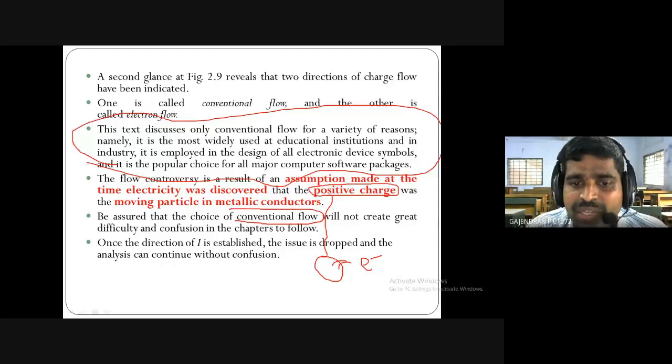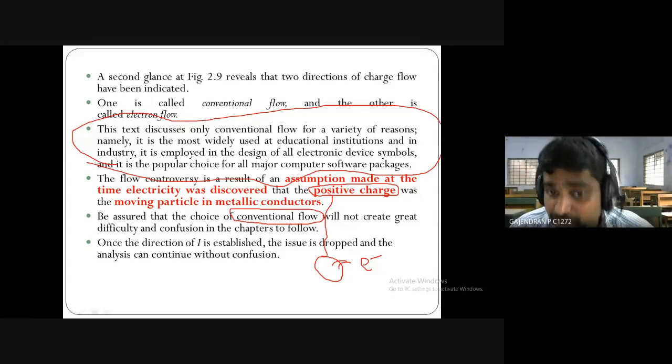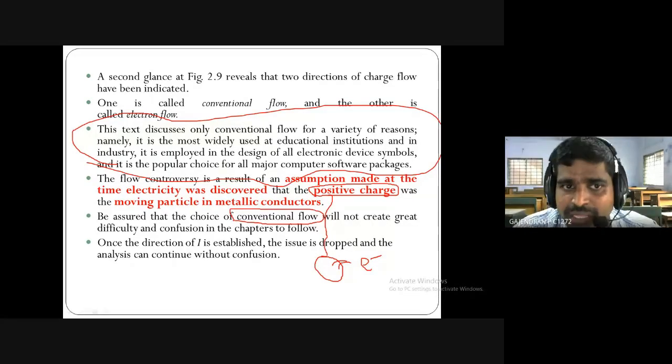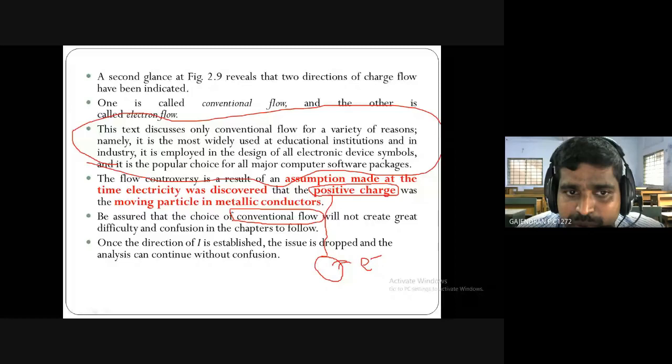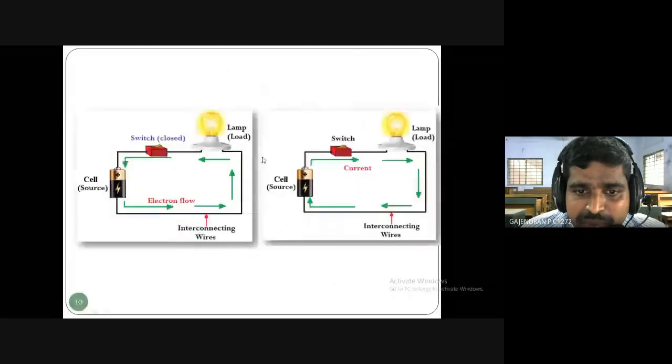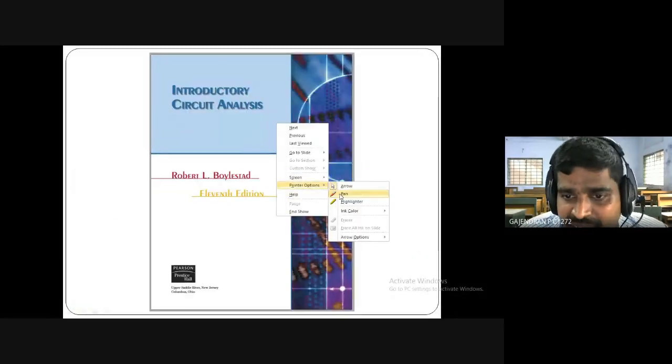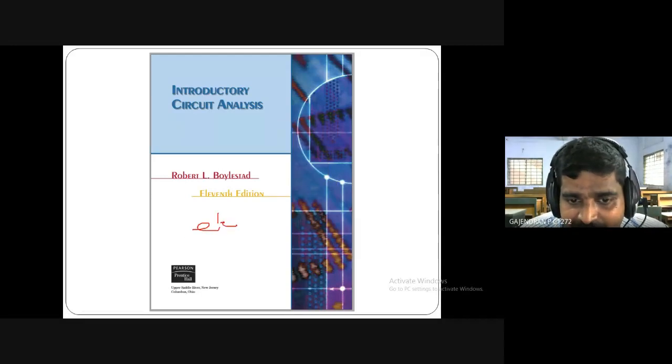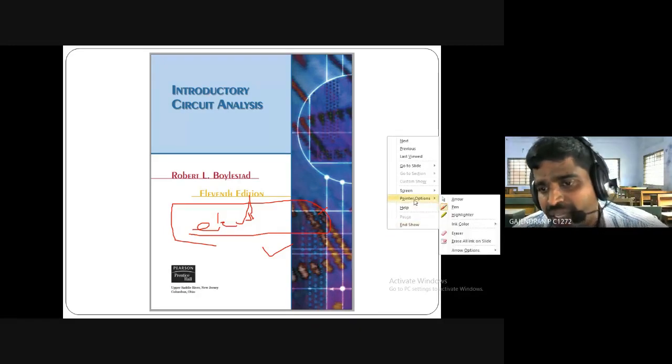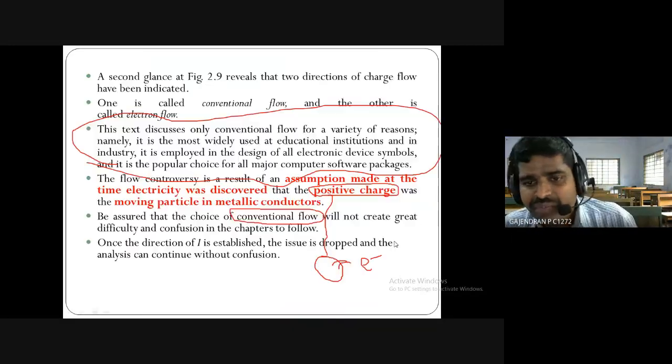There are some textbooks available right now in which they will write that this book follows electron current flow. If they follow electron current flow, they will mention it. If they follow conventional current flow, they won't mention it in the textbook. So I think it's clear for everyone.